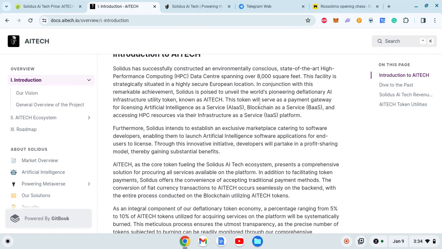This token will serve as a payment gateway for licensing artificial intelligence as a service, blockchain as a service, and accessing HPC resources via their infrastructure as a service platform.